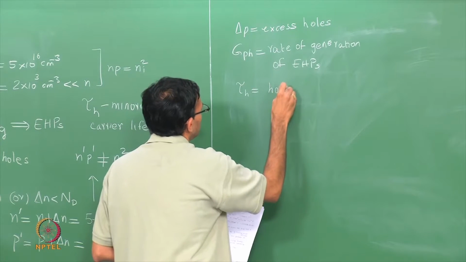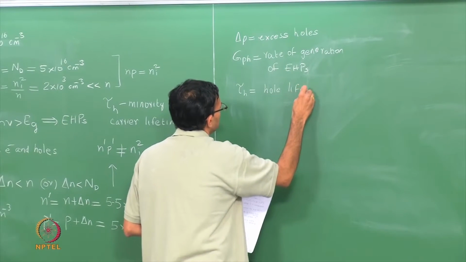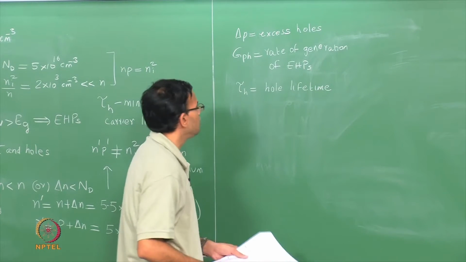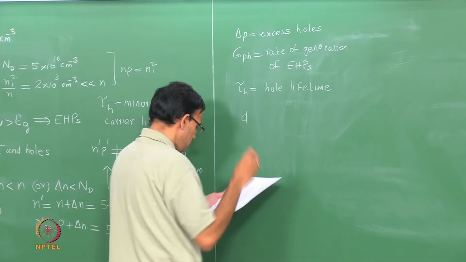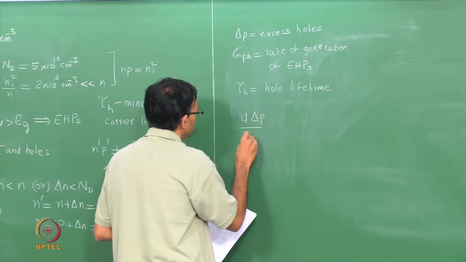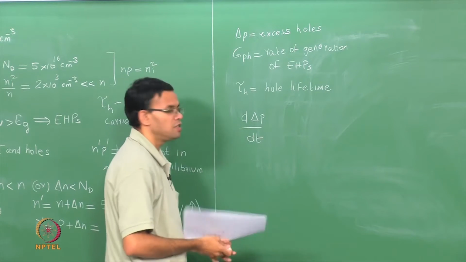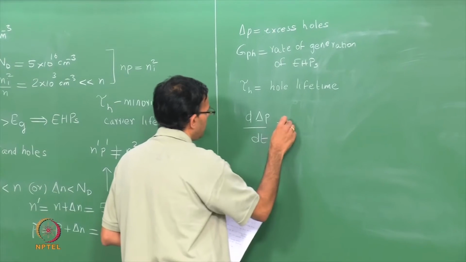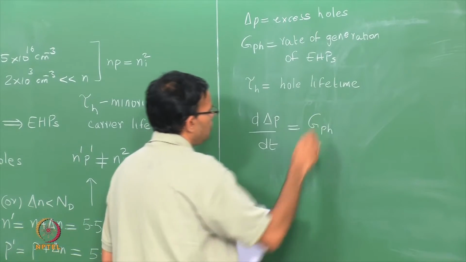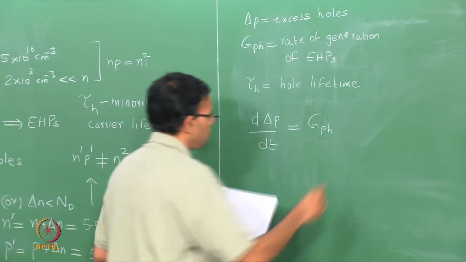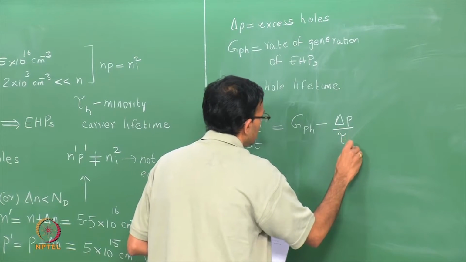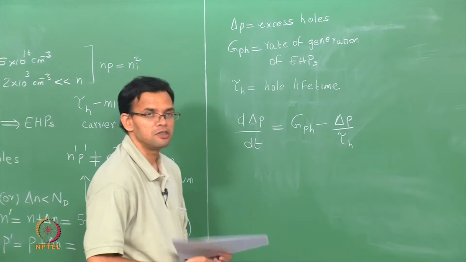This is your hole lifetime. So, we can write an equation that links d delta p over dt, which is the rate of change of the excess minority carriers, which is equal to how many are generated minus how many holes are lost due to recombination.